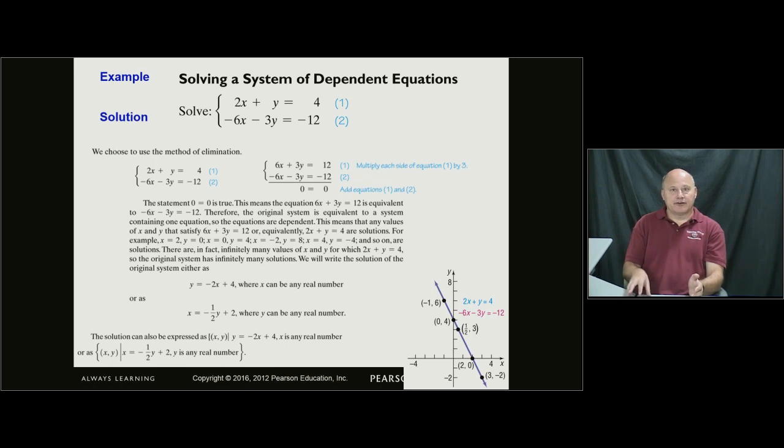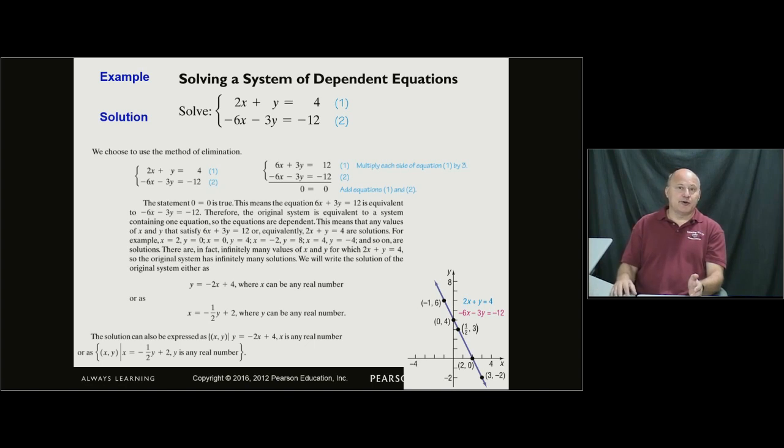And when you have two numbers that are the same, like 0 equals 0, then it's dependent. The biggest part is how to express the answers on a dependent system, because if it's inconsistent, all you have to say is it's inconsistent, or no solution. And that's all you really have to do.